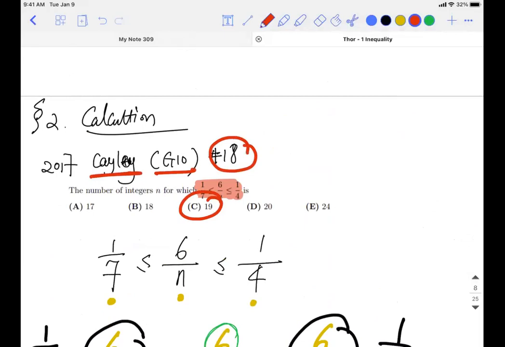Yes. And teacher, this question is actually asking how many options n can be?